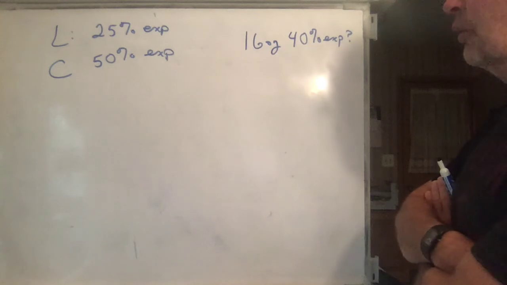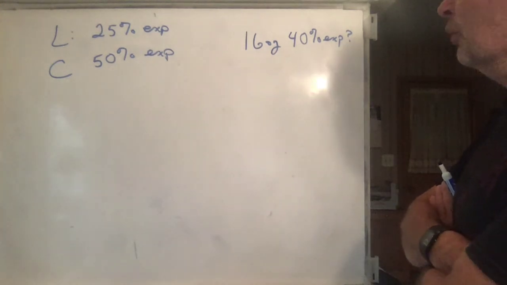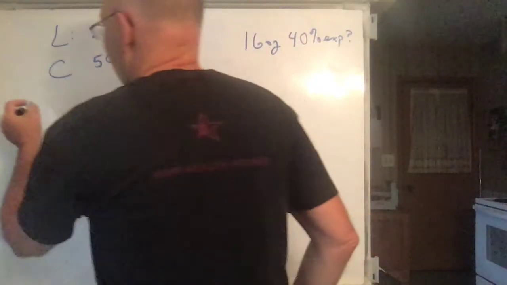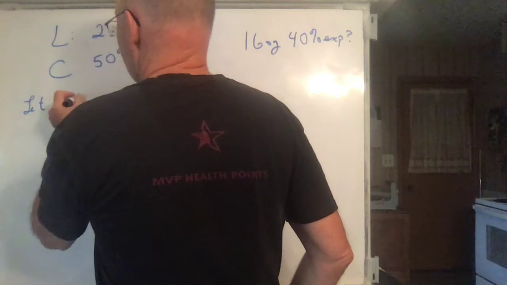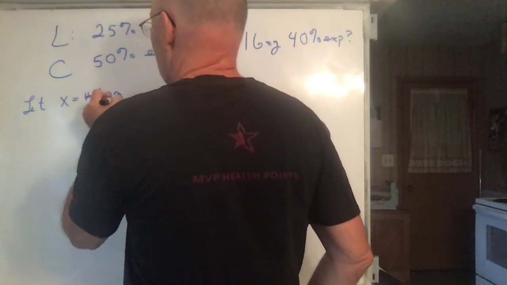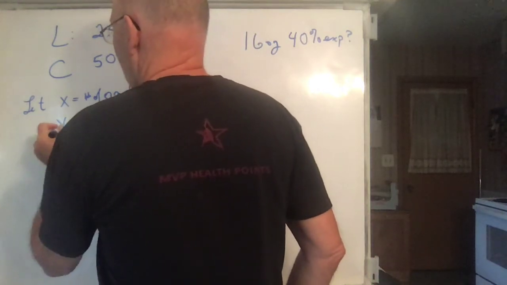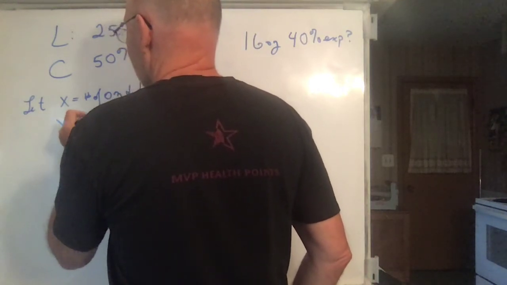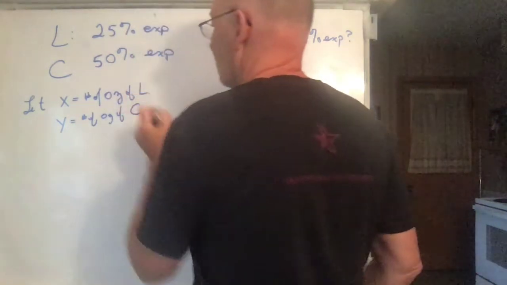So anyway, let's figure it out. So again, let's use the word let. We've got 16 ounces to work with, and so let X be the number of ounces of the latte, and then we'll let Y be the number of ounces of the cappuccino. Okay?